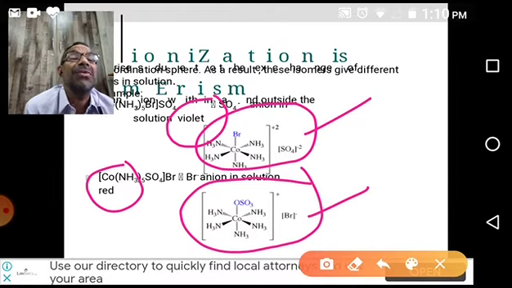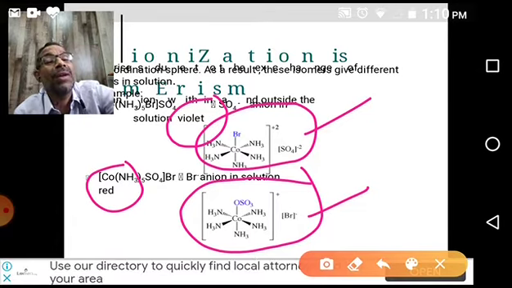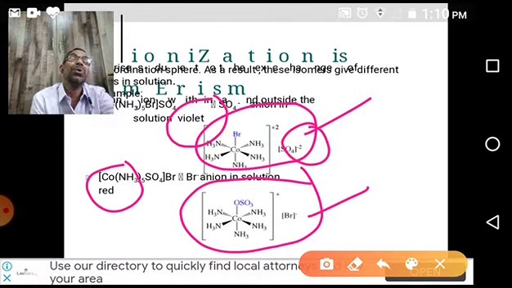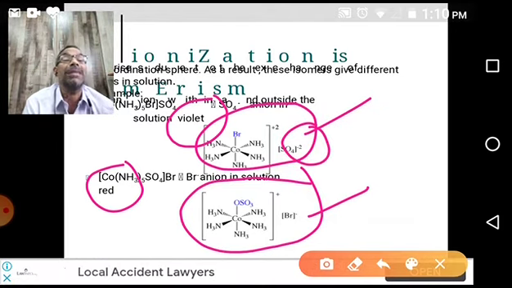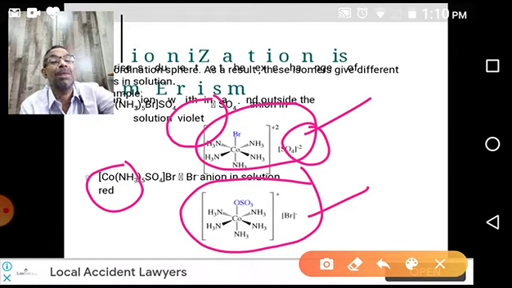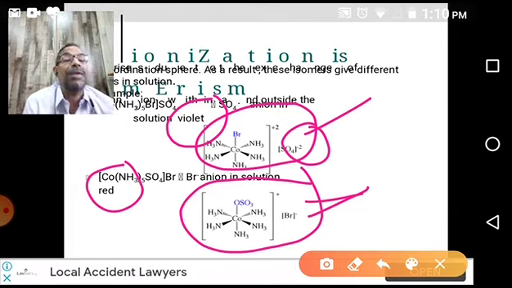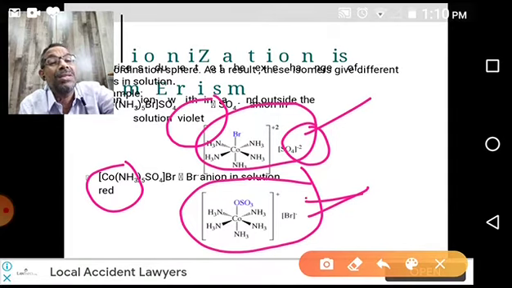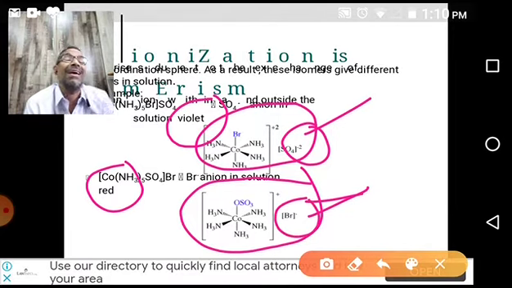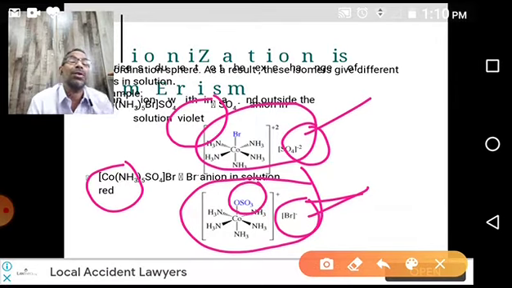Further, their aqueous solutions give different properties. Why? When we dissolve this compound, we get sulfate as a free ion. We know that sulfate gives a white precipitate with barium chloride, whereas this compound doesn't give that test, because it is not giving a free sulfate ion, as sulfate takes part in the coordination sphere.